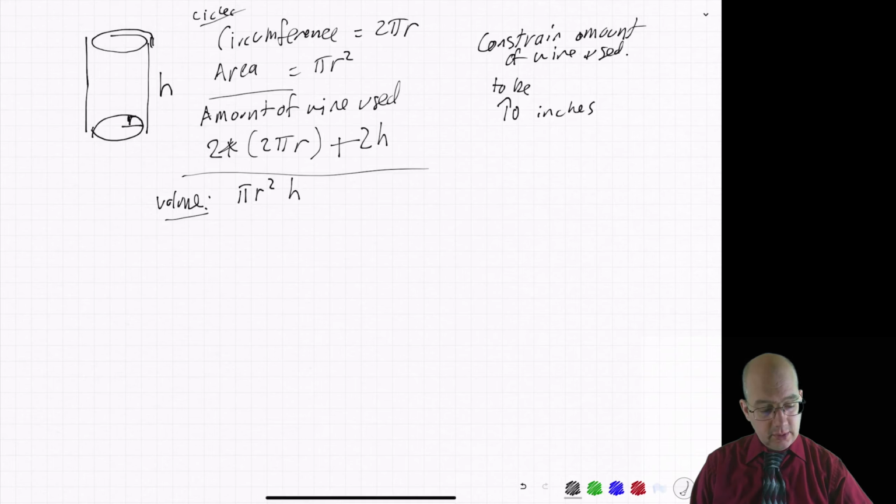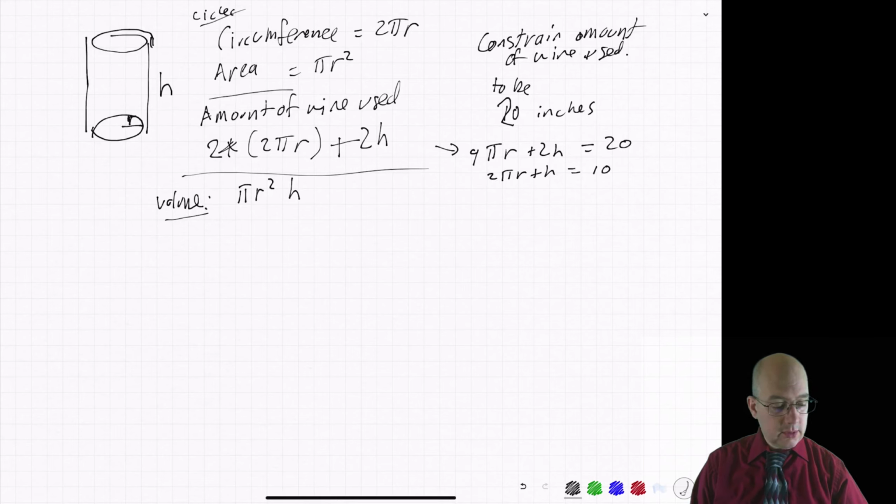Let's go with 20. I like 20. 20 inches might be nice. So that means that this is telling us 4 pi r plus 2h needs to equal 20. Or 2 pi r plus h should equal 10. So h is equal to 10 minus 2 pi r.